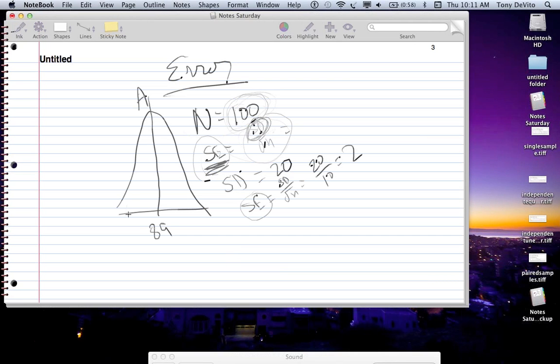So now, if I compare this, I'm saying to myself, well, 95% of the samples that I would get of this size, or a better way to look at it is, I'm 95% sure that the real population mean for this is between two standard deviations above 89, really 1.96, or two standard deviations below the mean.